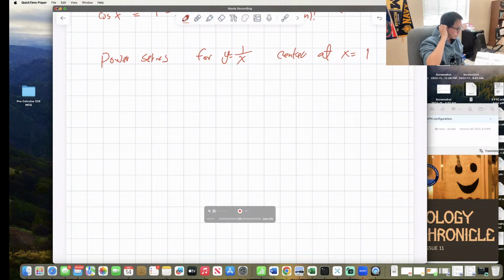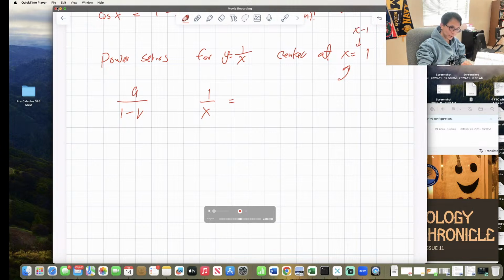Okay, so if I want to center at x equal to 1, that means I need to somehow change this to a over 1 minus r. The only way that can happen for 1 over x is to have a center at x equal to 1.